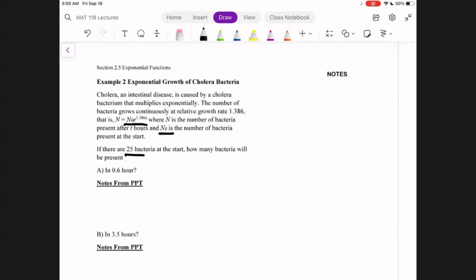So our equation would be like f of x, or in this case, f of t, because you can think big N is our f of t, and 25 is our initial amount, and then we have E, 1.1, well, not 1.1, whoops. Now on your homework, you might have to find this number here, and it's given to you. Just make sure you write it as a decimal, okay?